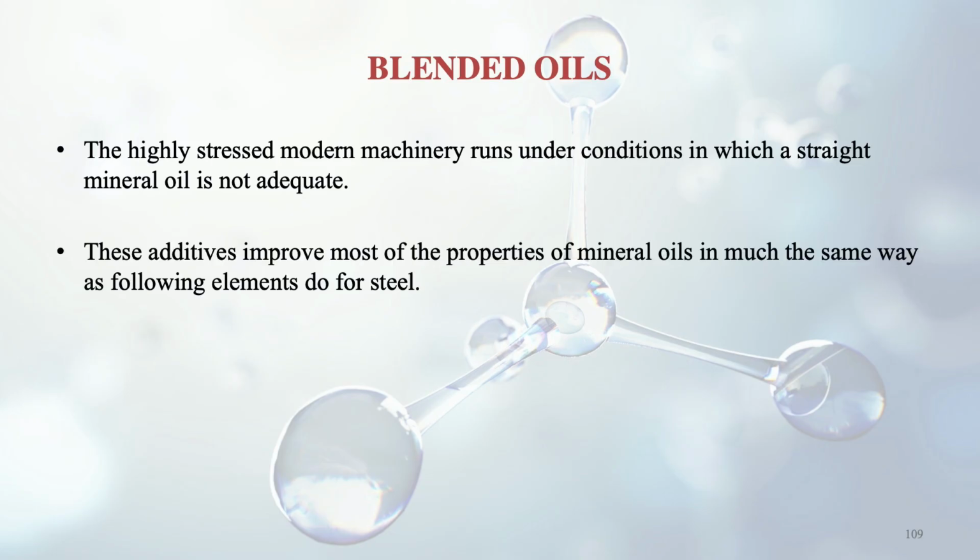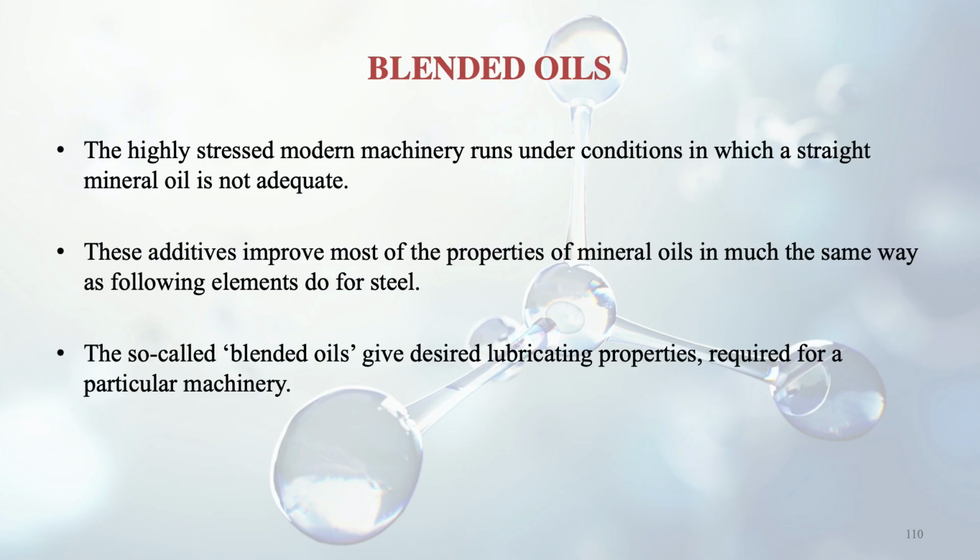And additives have to be added, and they improve most of the properties of mineral oils in the same way as certain elements do for steel, like we alloy, we mix certain elements with the steel, so properties are improved. Similar is the case here. The so-called blended oils will give the desired lubricating properties required for a particular machinery.